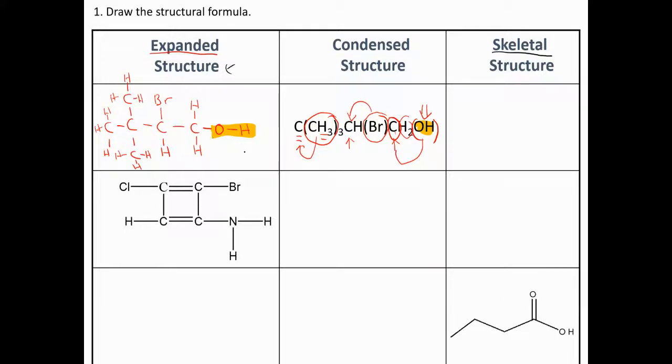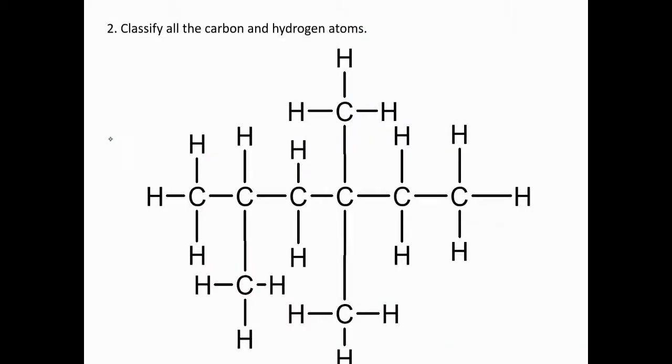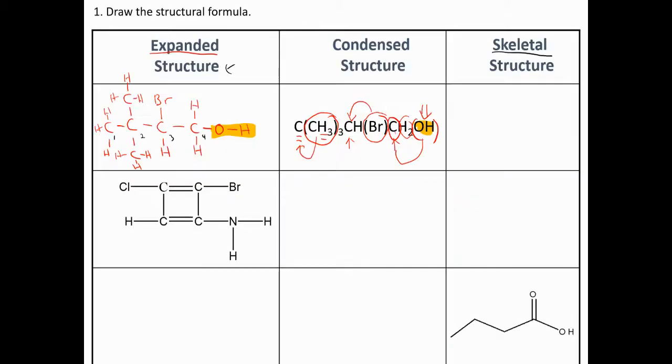Now I have one expanded structure. After that, what I do is I draw on the expanded structure. First of all, this is the first carbon. Second, third, fourth. So I put a dot. One carbon, one dot.